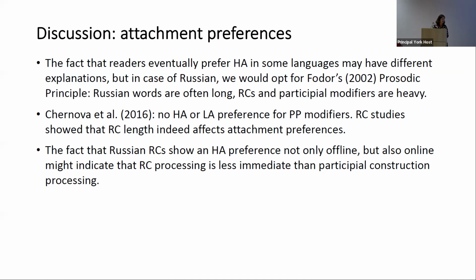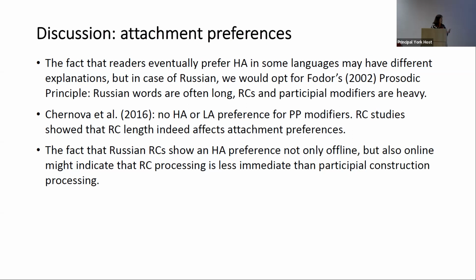In the case of Russian, we would probably opt for Janet Fodor's prosodic principle. Russian words are often long, so relative clauses and participial modifiers are really heavy. And we know from some independent experiments that the length factor really affects attachment preferences in Russian. So when you test really, really short relative clauses, preferences change a lot.